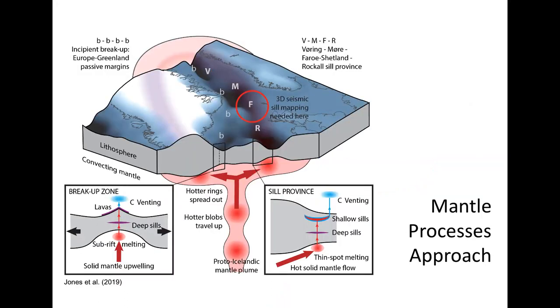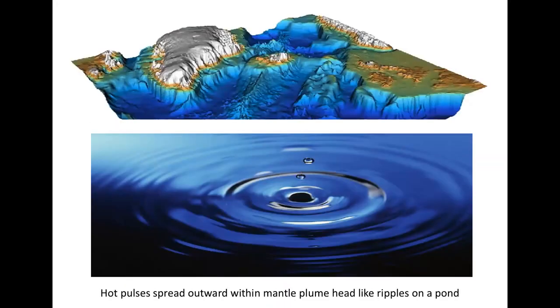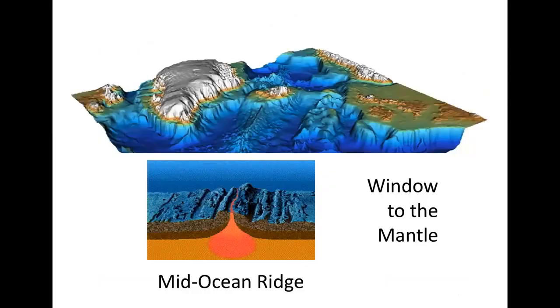And my research group have been taking this mantle processes approach to try and see whether very rapid passage of these hot blobs beneath the North Atlantic could have generated the igneous activity on the required time frame. So the idea is that a hot blob came up underneath Britain and northwestern Europe in the very, very latest Paleocene, and then spread outwards beneath the plates like ripples on a pond.